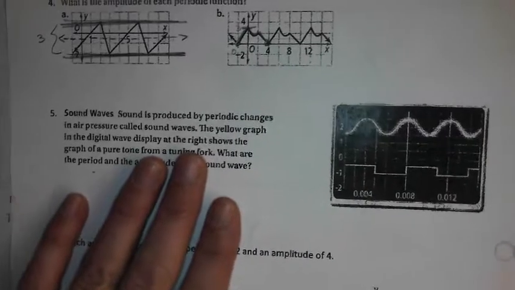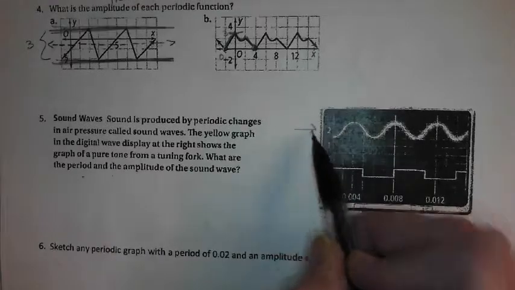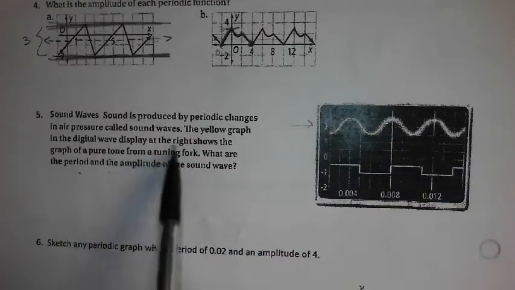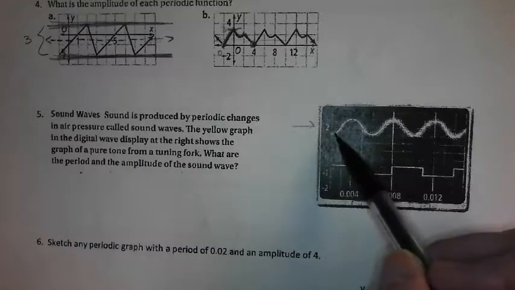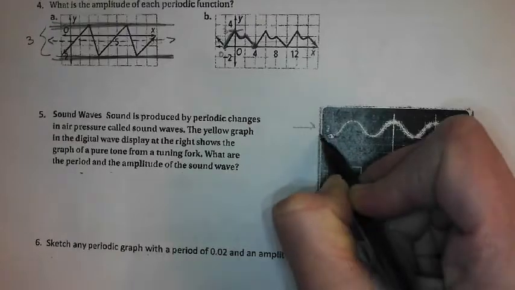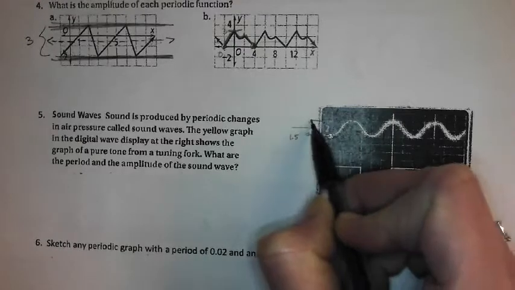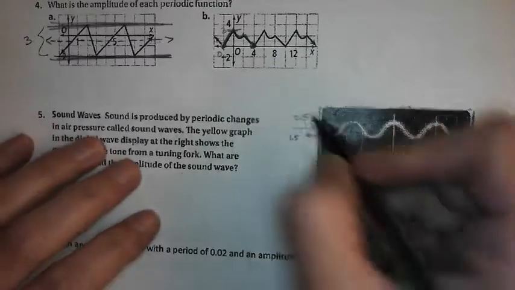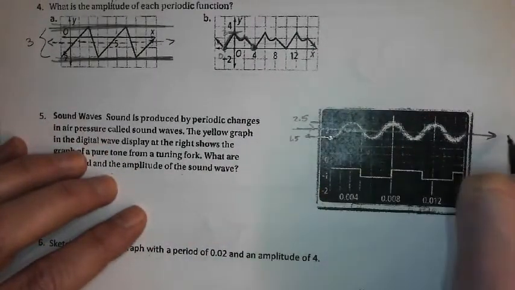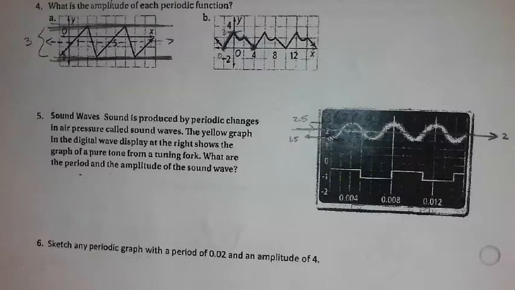Sound waves. Sound is produced by periodic changes in air pressure called sound waves. The yellow graph and the digital, I think that's the top one, it's supposed to be yellow, shows the graph of a pure tone from a tuning fork. What are the period and amplitude of the sound wave? So this has a minimum at 1.5 and a maximum, it looks like, at 2.5. So where's the midline? 2. If the midline's at 2, what's the amplitude? What is it? Isaiah?